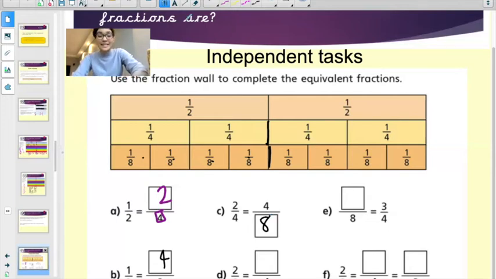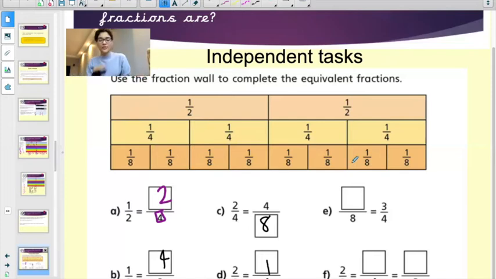Let's look at D. 2 eighths makes how many parts of 4? Let's draw up first 2 eighths, which is here. How many parts of 4 do we need? Just the 1. So that's 1 quarter. Next one, we have something out of 8 has to equal 3 quarters.